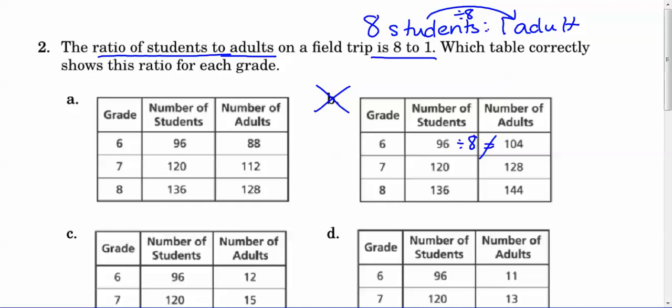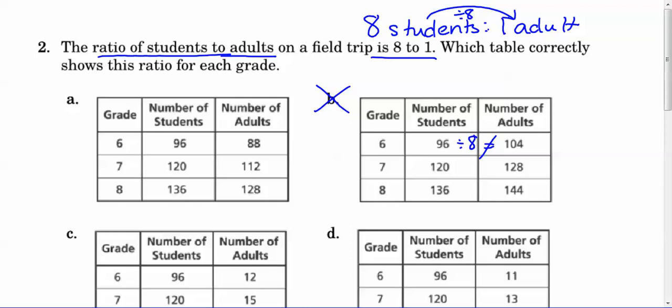It says number of students is 96, number of adults is 88. I'm just looking at this and doing some rounding here. Looking at 96 students to 88 adults, that would not simplify down to 8 to 1.